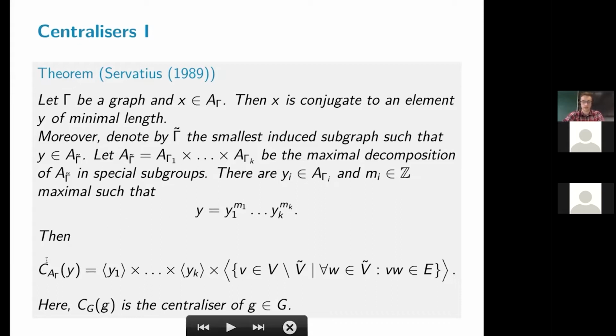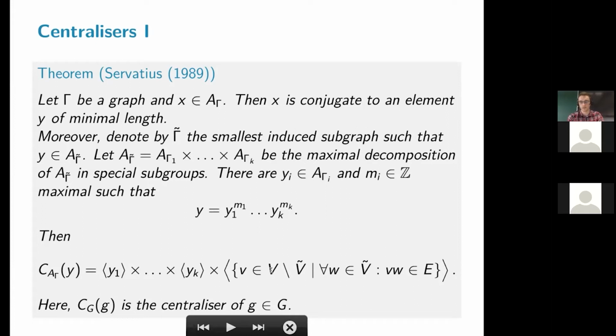Okay, and then you see that in the centralizer, the YIs will be contained in it. Because Y1 will commute with Y1 itself, of course, and then due to the direct product, will also commute with the other ones. So this is one part of the centralizer. The second part is everything that lies outside of gamma tilde, but still commutes with everything inside gamma tilde.